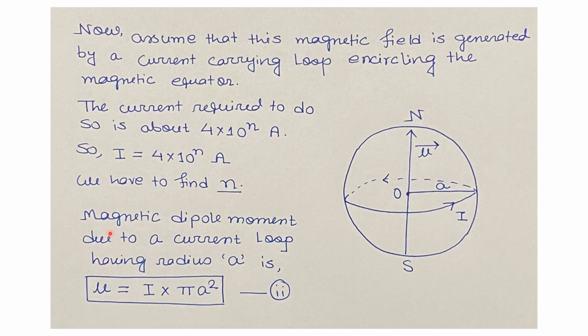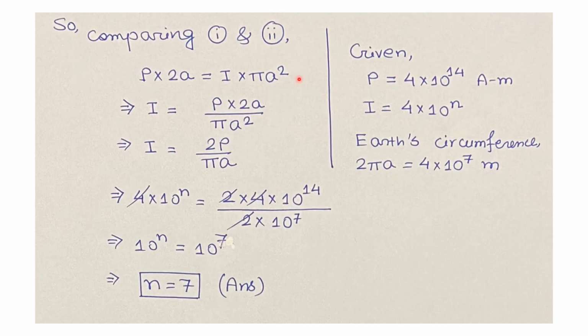Now we know the magnetic dipole moment due to a current carrying loop having radius small a is given by mu equals I times pi a square. Now we'll compare equation 1 and equation 2.